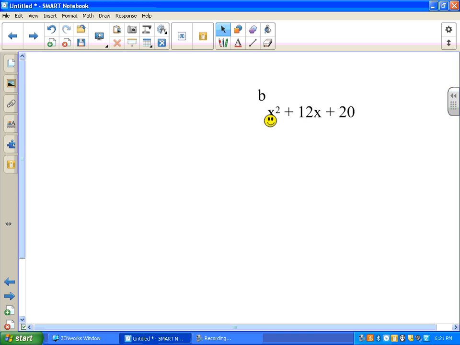It's not a difference of two squares because there are three things. Oh, why didn't I try that first? There are three things. It's a trinomial.